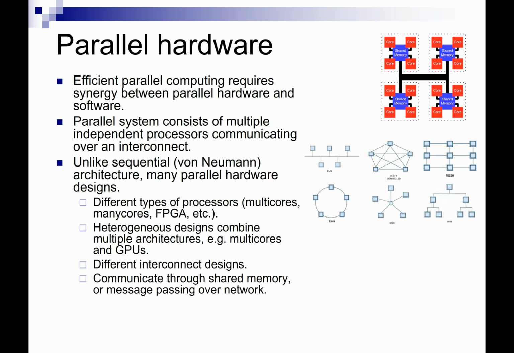We have a star, a mesh, a tree, or even a fully connected architecture. The communication architecture of the computer has a major effect on its performance, and also on the complexity of building such a computer. So we'll have later lectures which discuss different aspects of designing these interconnect networks.